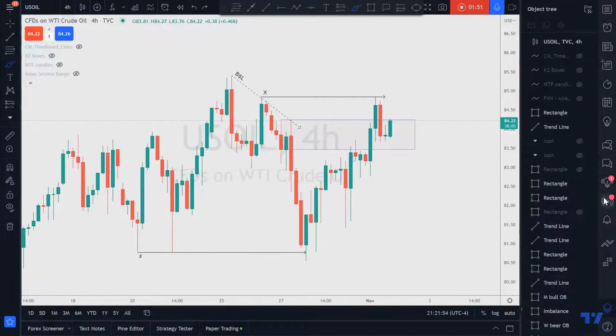And let's see, we also have a double top, right?